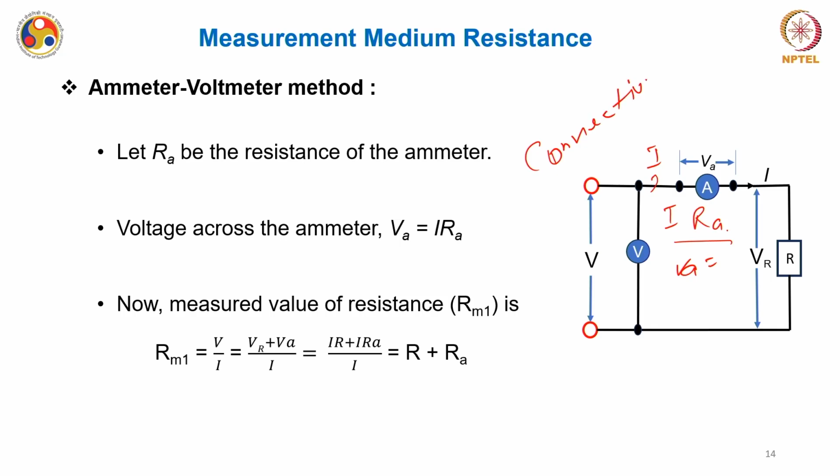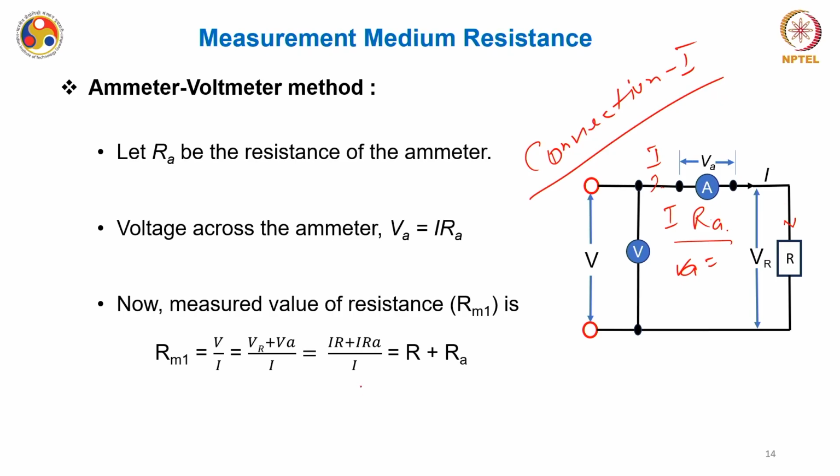RM1 is equal to V by I, and V now is not the actual VR, but it is VR plus VA, divided by current I. VR is equal to I into R. So, this is I into R plus I into RA.